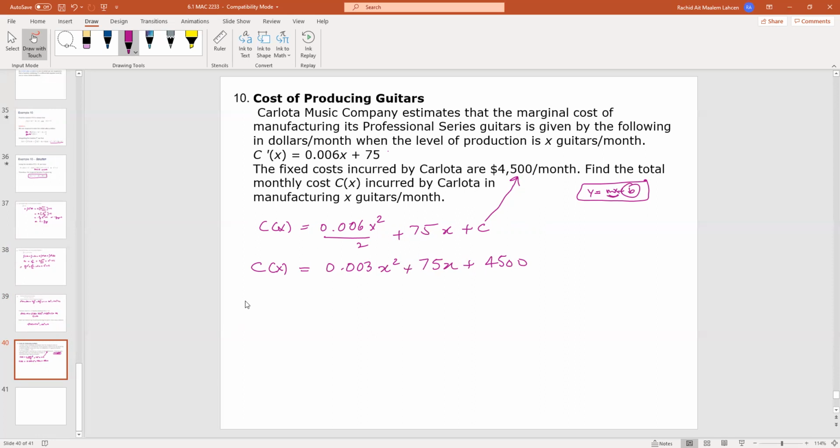So this is the total monthly cost, C of x, that is incurred by Carlota in manufacturing x guitars per month, knowing the fixed cost is 4,500 per month. All right, thank you.